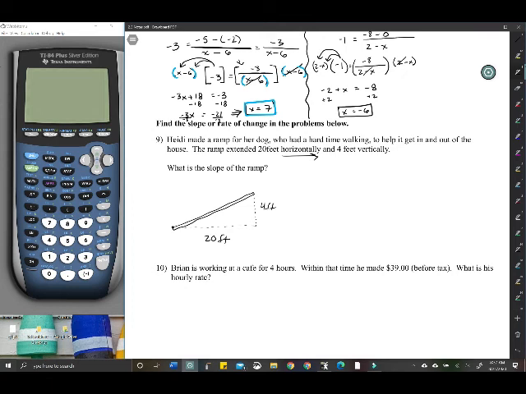But it wants to know what the slope is. And just think, slope is always rise over run. So the rise is 4 feet. The run is 20. So we have a slope of 4 over 20, which is 1/5. Or you can think of it also as 0.2.